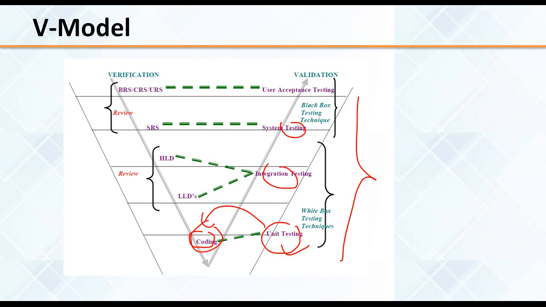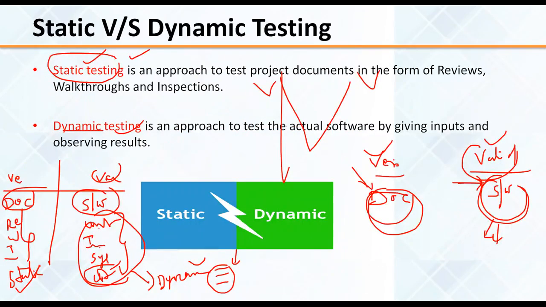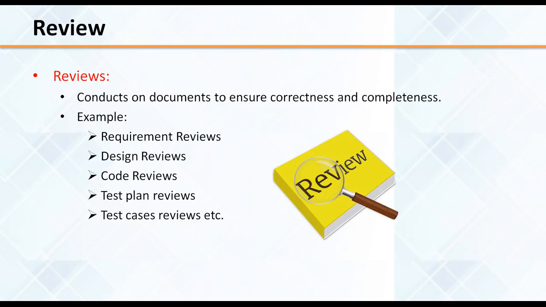Now let me move on to review. We can conduct requirement reviews, design reviews, code reviews, test plan reviews, test case reviews. As soon as we get the requirement, we review whether the information provided is correct or not.